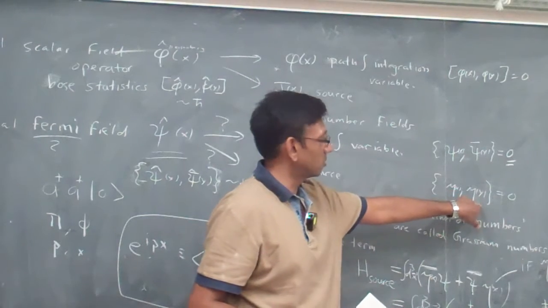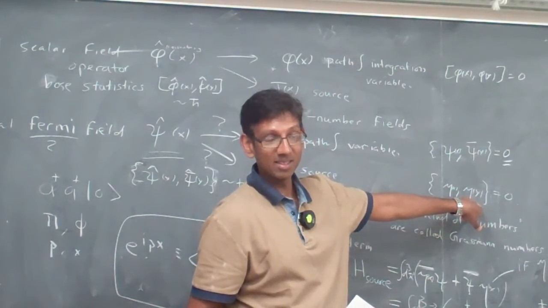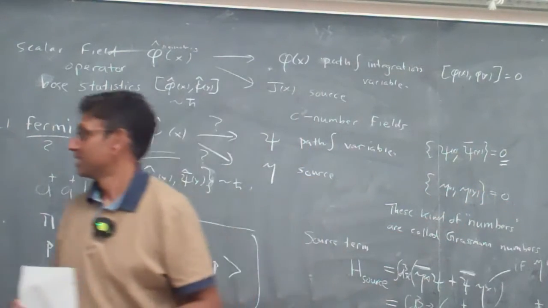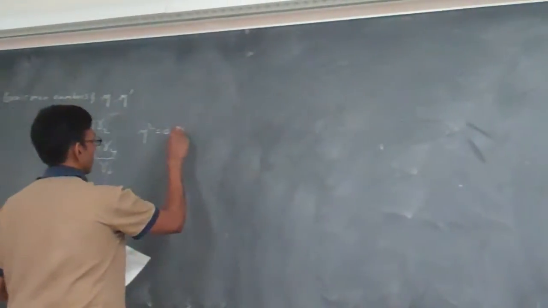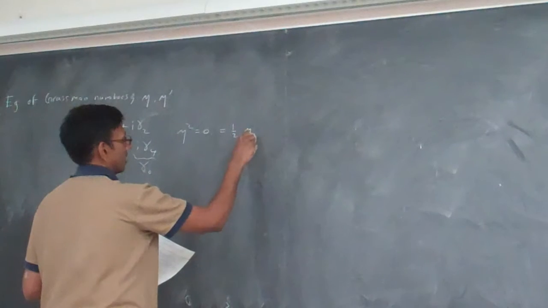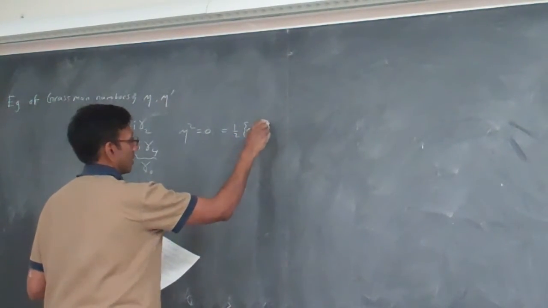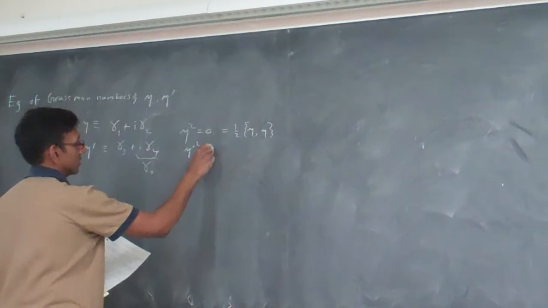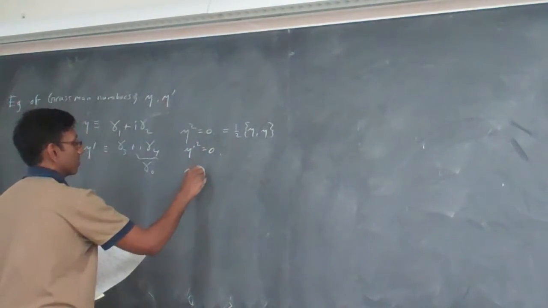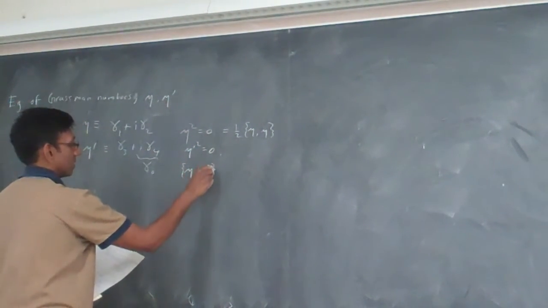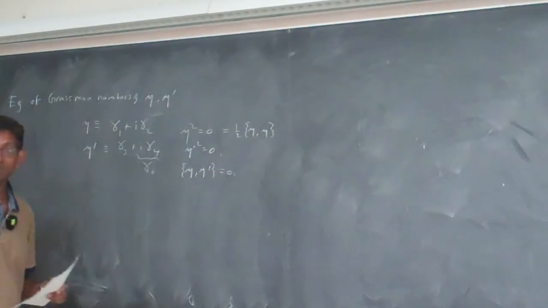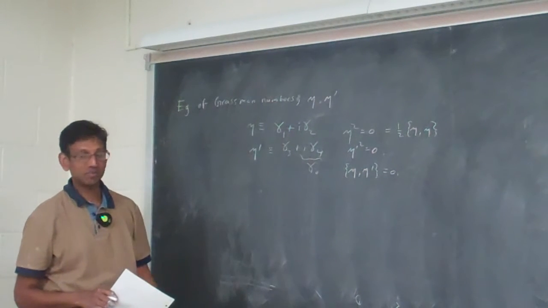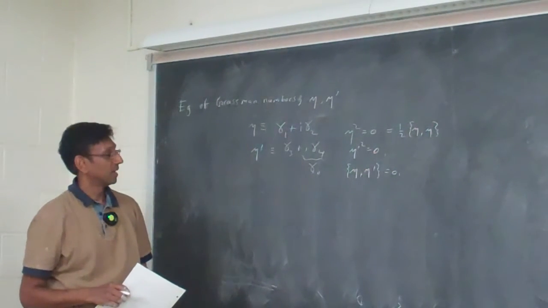If a number anti-commutes with itself, then its square must be 0. So, if you want, this is a half. And eta prime squared is similarly 0. And even eta prime eta is 0. Okay? Just think about it. You'll see that just from the Dirac algebra.